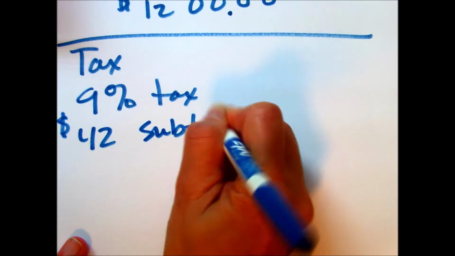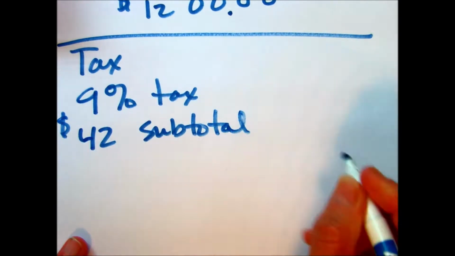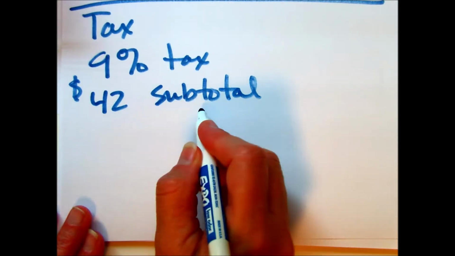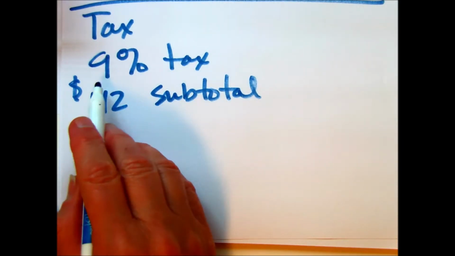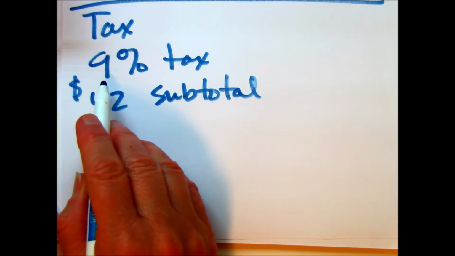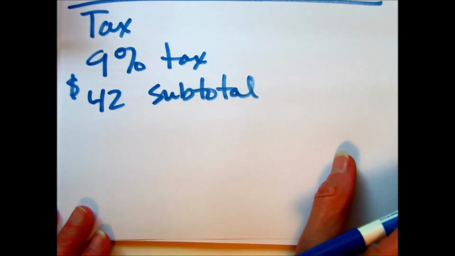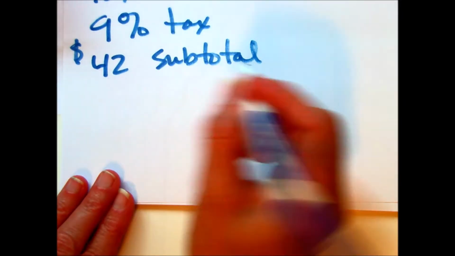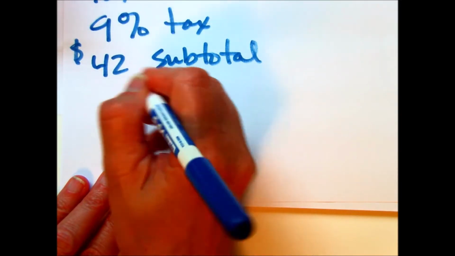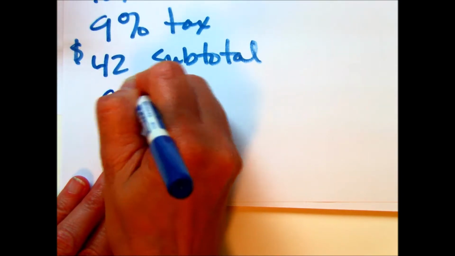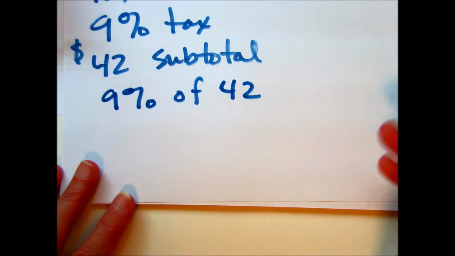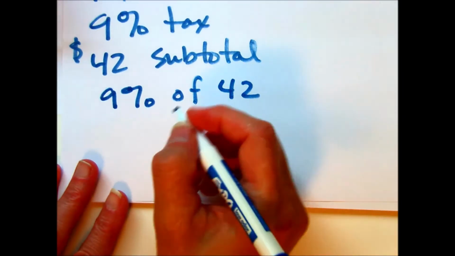We might have bought a few items, but when we add them up, we get a subtotal, and after the subtotal, that's when you calculate the tax. So it's the same deal. You could figure it out with proportions, but I'm going to write it out and then translate. So 9% of 42 is going to tell us what the tax amount is.